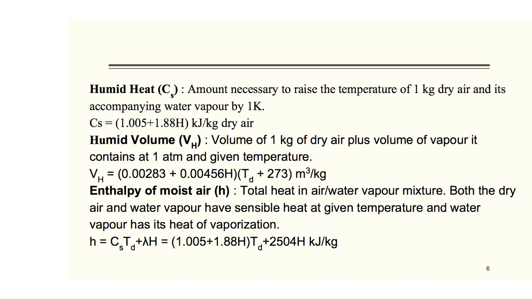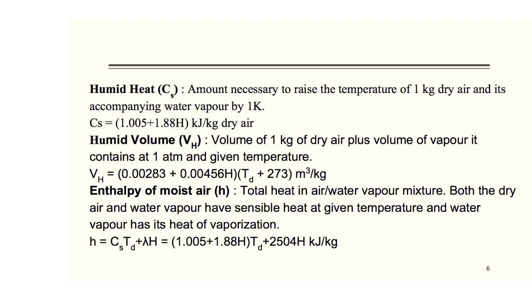In our moist air we have dry air as well as water vapor, right? For dry air we know the specific heat is 1.005 kilojoule per kg, and for water vapor it will vary according to the humidity. So the total humid heat for moist air is Cs equals 1.005 plus 1.88 into H kilojoule per kg dry air.